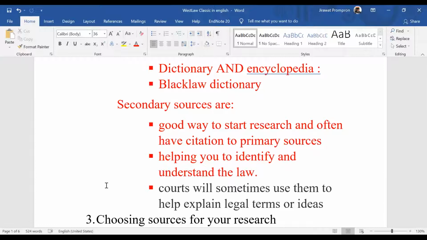This is a good way for you to start. And another way it helps you to identify. Suppose you are doing the same idea, intellectual property, GI again, but you don't know which primary source you have to start with, statutes or cases. And what about generic names?